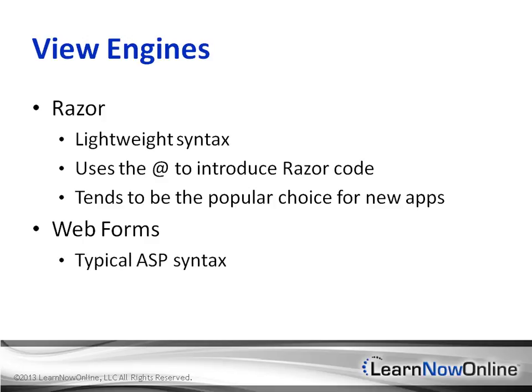So web forms is going to use the typical ASP syntax, and it's going to use the <% signs to delimit code, and it's going to use all of your traditional ASP code functions. So the way you normally write code out in ASP, the for loops and the if statements and all that, that's how you're going to want to do it if web forms is your view engine.